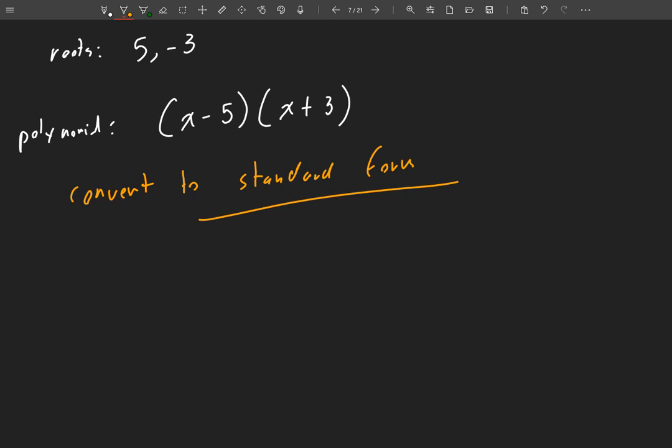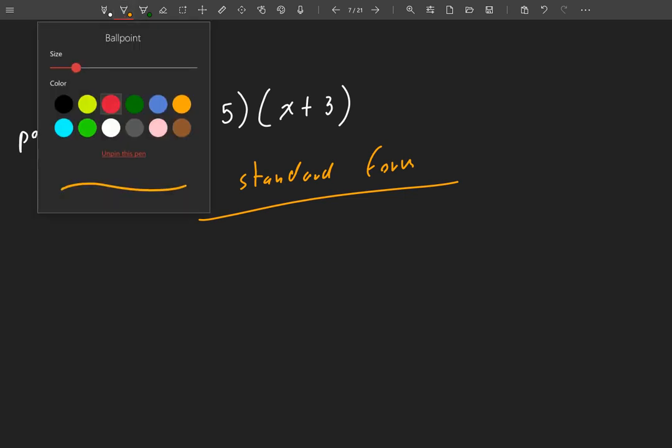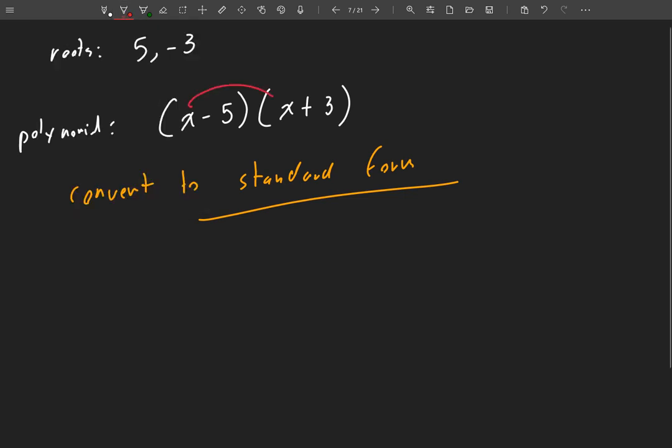We just FOIL, right? Now, I hate using the term FOIL because it only works when you have two things times two things, technically, but I like to say distribute, right? So what we do is, to remind you, we go x times x and x times 3. That gives me x squared and 3x.